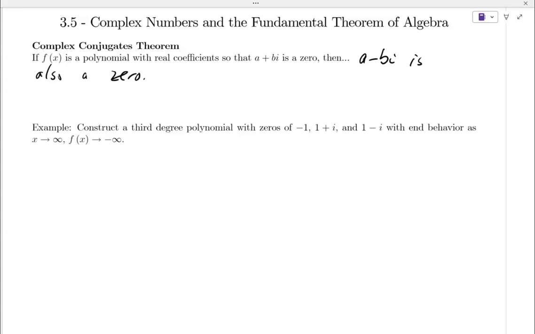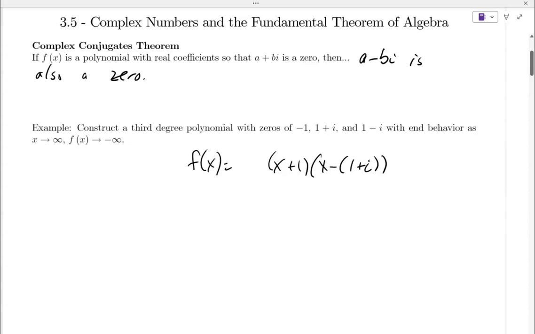Looking at this, it tells you that -1 is a zero. So what has to be a factor of the polynomial? x plus 1, good. If 1 plus i is a zero, what has to be a factor? It'd be x minus the whole zero. The same rule applies for complex zeros.